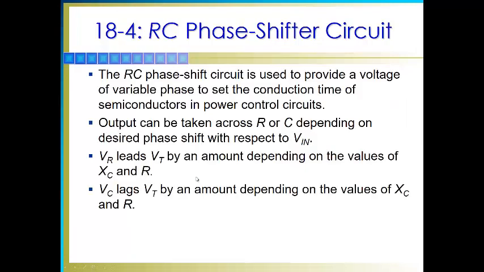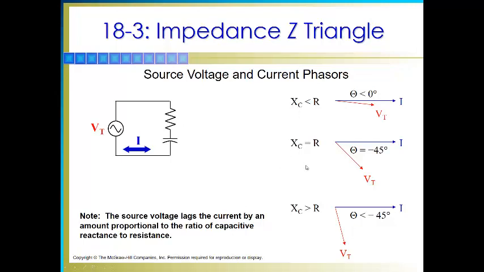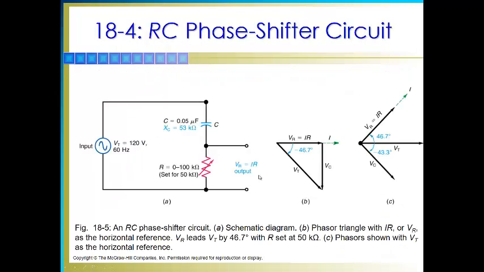And what do we get when the reactance is greater than the resistor? Then the phase angle between the current and the total voltage has got to be less than negative 45 degrees. As we can see right here, if we take the voltage as a reference, the voltage across the resistor and the voltage across the capacitor, remember, these two are 90 degrees out of phase.